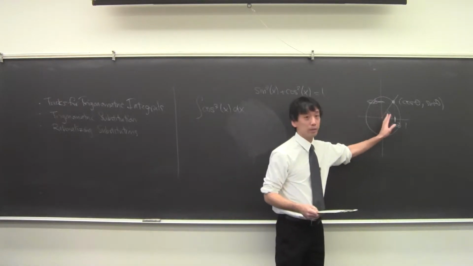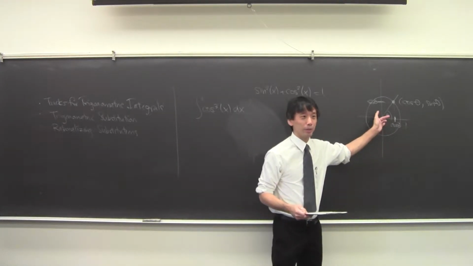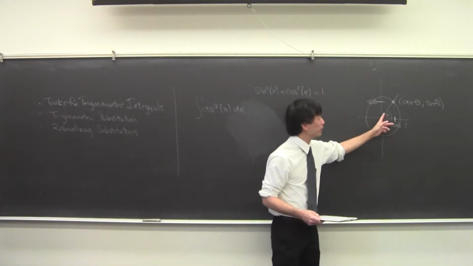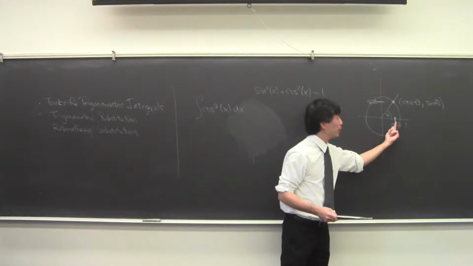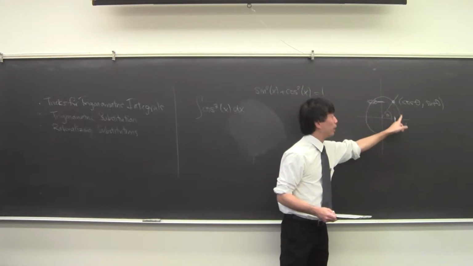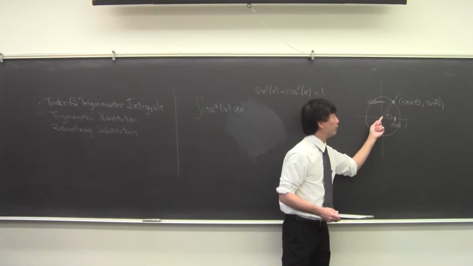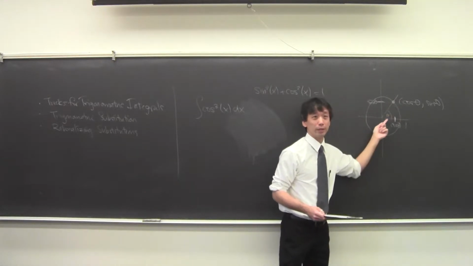I don't know if this is how you think about cosine and sine, but this is the right way to think about them. Cosine of theta is the x coordinate of this point on the unit circle that you get by drawing a ray out from here at an angle of theta.